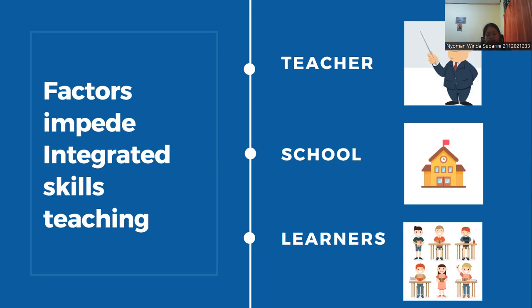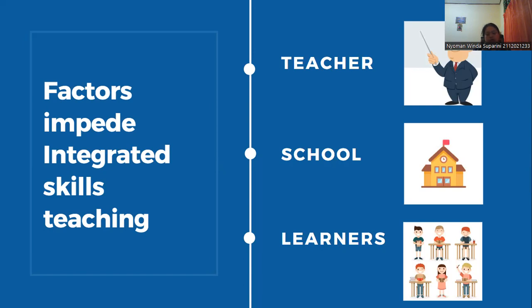The teacher factors are related to competencies and beliefs. English teachers may not have enough knowledge and skills as to how to teach the language skills in integration. English teachers may also think that it is much easier and simpler to teach language skills in isolation than to teach two or more language skills at the same time.